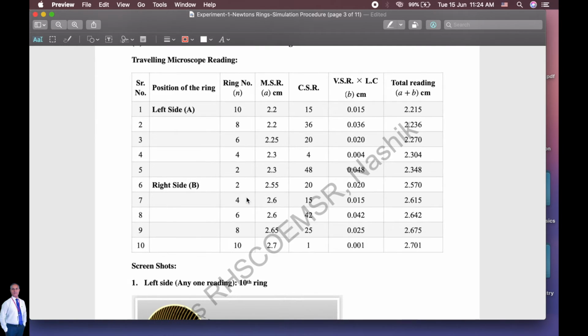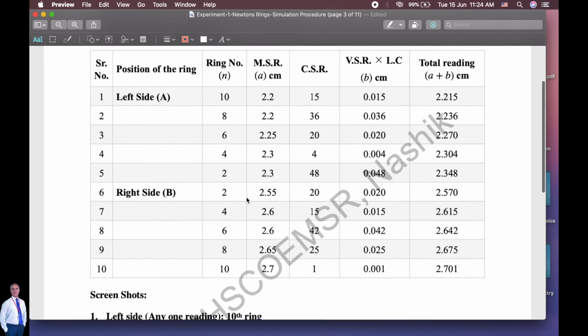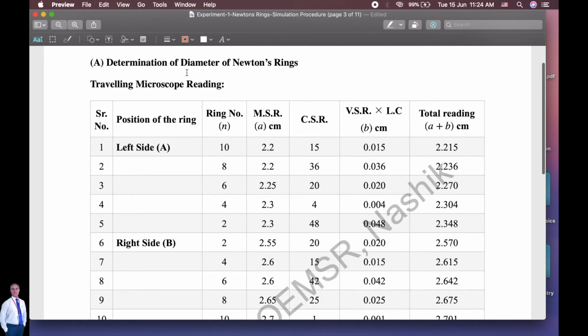This is the table I have prepared: determination of diameter of Newton's ring. Let me take the pointer here.